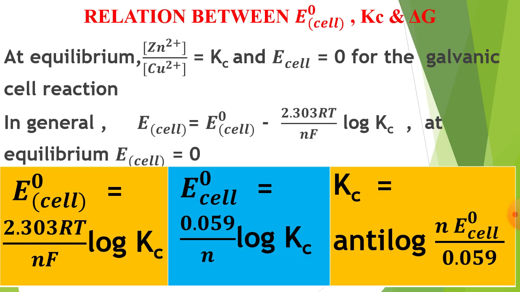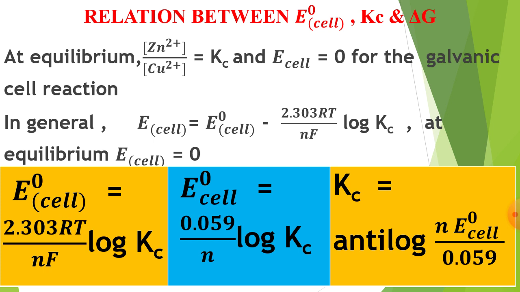Now the relation between E naught cell, Kc and delta G. At equilibrium, basically what happens here? The cell is fully discharged. That is, the potential difference of both electrodes becomes equal and current stops flowing in the circuit. That condition is known as equilibrium.